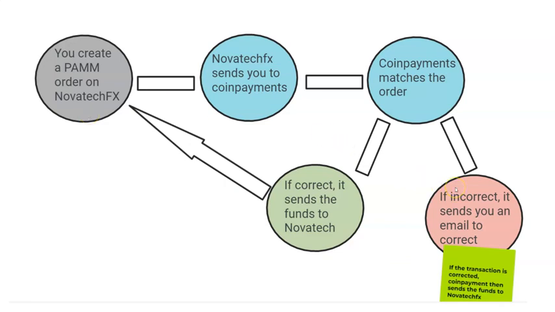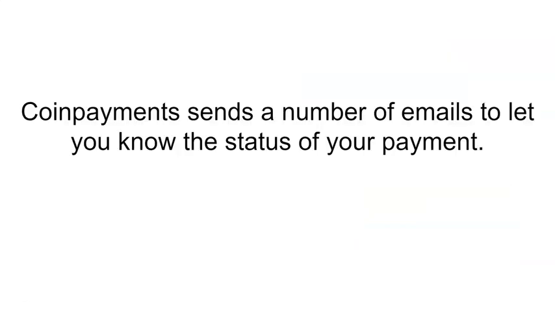If you somehow never complete the transaction, or the transaction is completed incorrectly and it finalizes that way, COINPAYMENTS then handles the customer support and deals with you directly in order to get that issue resolved. So COINPAYMENTS does send a number of emails to let you know the status of your payment. We are going to check out those emails.